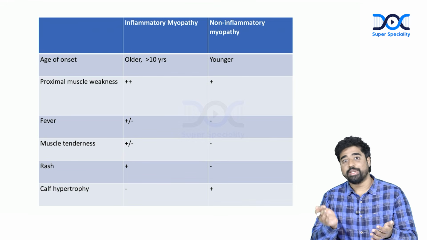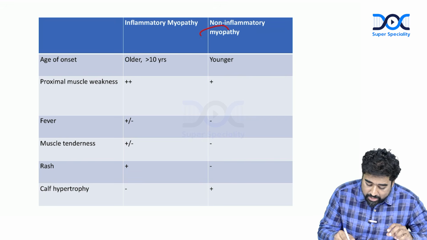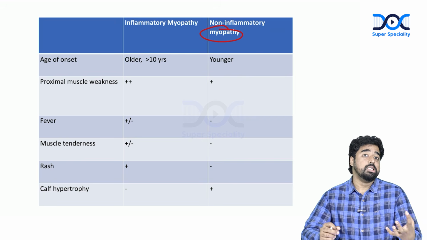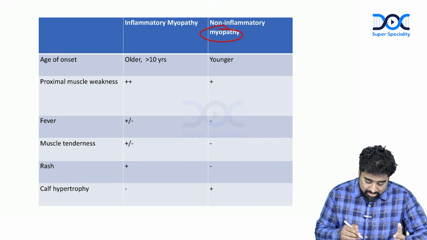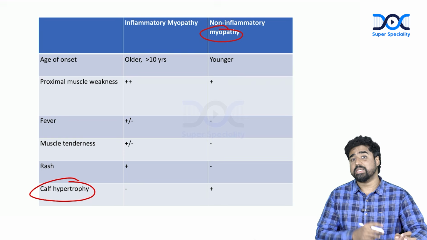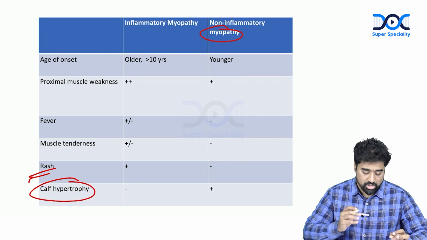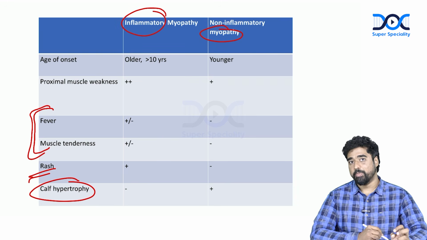And also, how do you differentiate an inflammatory myopathy versus non-inflammatory myopathy? You are talking about myopathy only, not another cause. Myopathy like a muscle dystrophy or something. Such myopathies will have, obviously, pseudohypertrophy, which is classic for your non-inflammatory myopathy. Rash will be less in them. Muscle tenderness, fever, systemic signs, all of these will be more in your inflammatory myopathy.